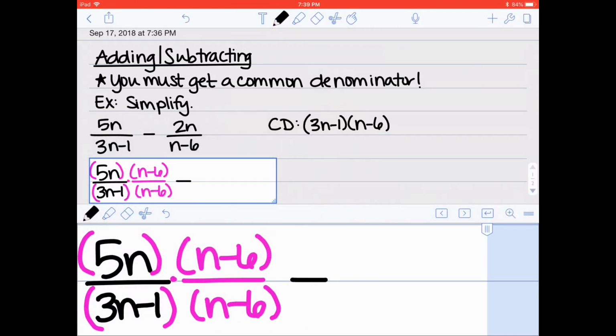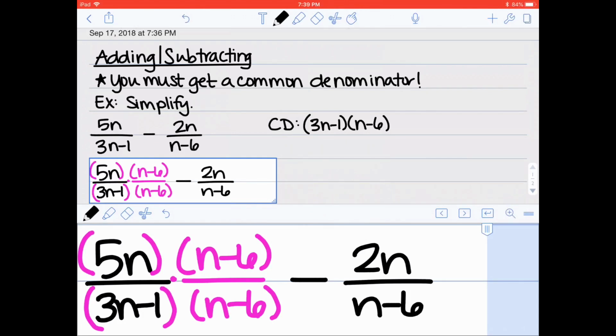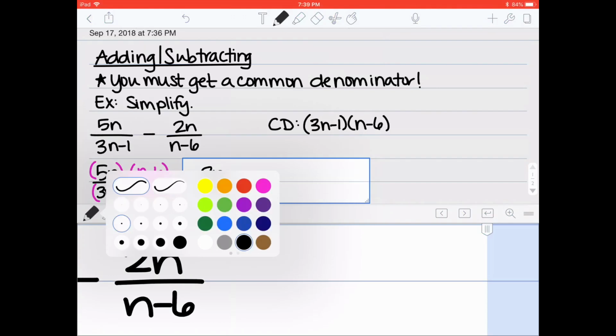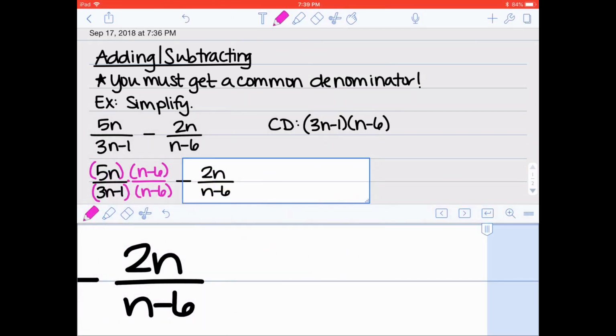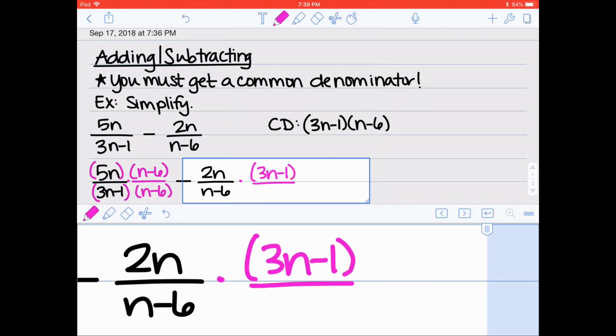So I'm changing what it looks like, but not what it equals. The other one was 2n over n minus 6, and again I need to have that common denominator. So this one I'm going to multiply by 3n minus 1 over 3n minus 1.